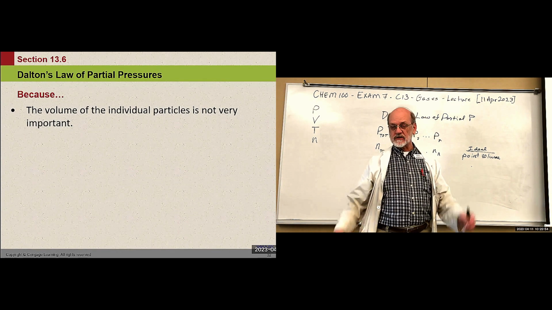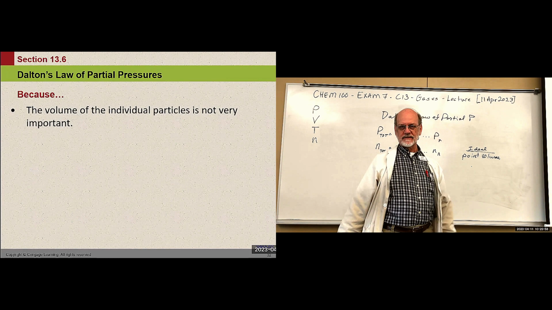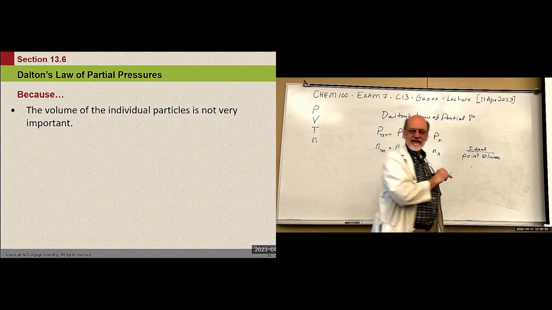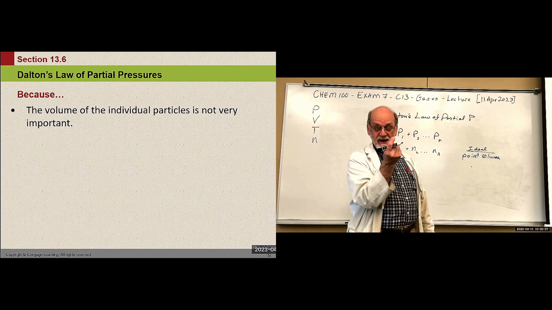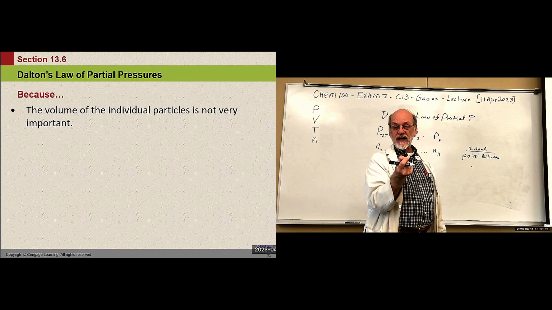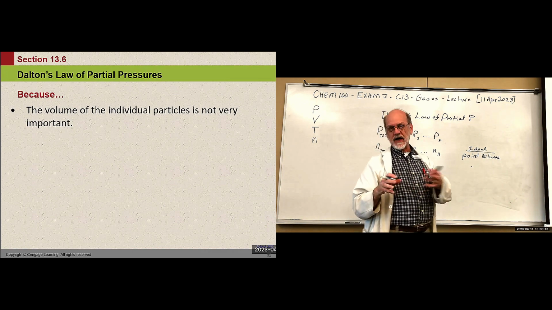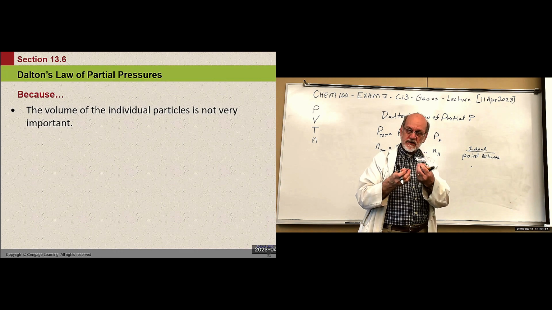It has no dimensions. It has no height, no width, no depth. So when we talk about point volume, we're saying that the gas molecule has no volume. It's there as a point, but it has no volume, right? That's the ideal gas. We know gases have volume, but the distance between them makes the volume of the individual molecules insignificant.